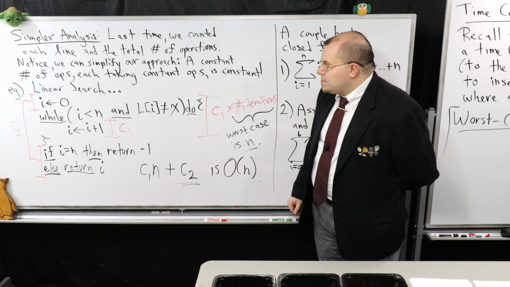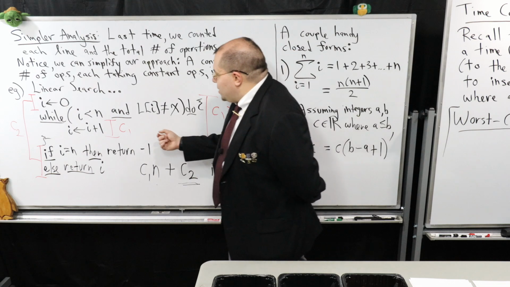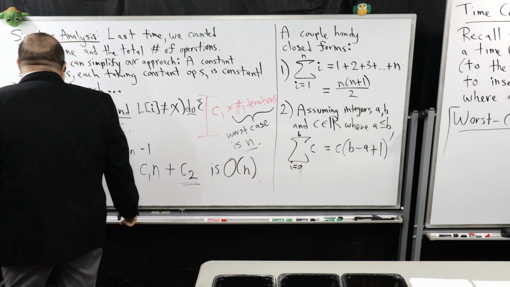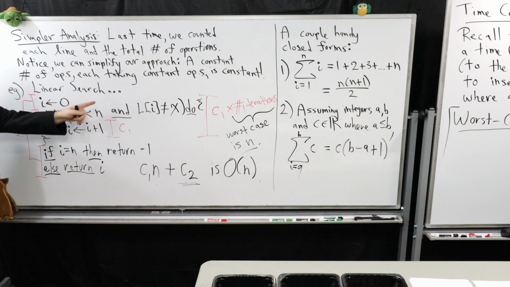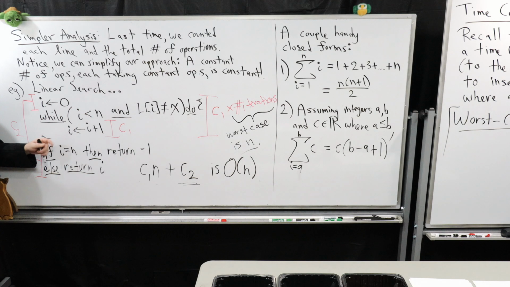Okay. That's a wonderful question. So the C1 here, now keep in mind, you could have made C1 be the evaluation of all these conditions plus this if you felt like it, but it's not necessary. I must stress that, remember, our while loop, this evaluation here is still some constant number of operations.